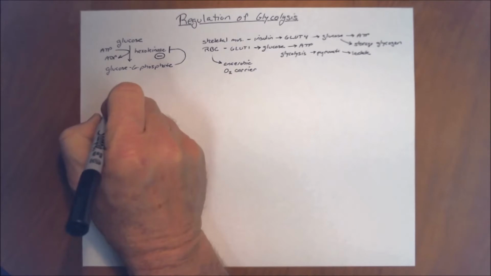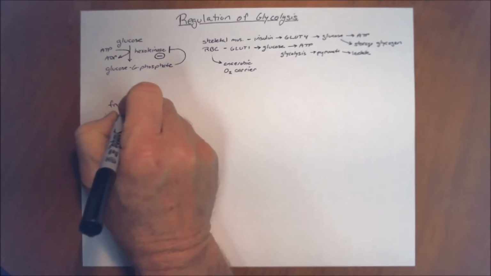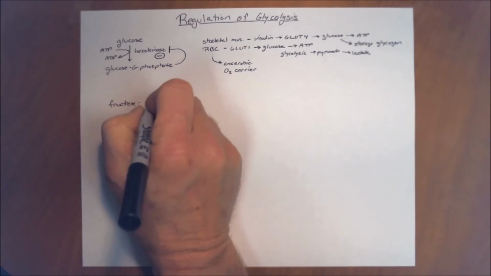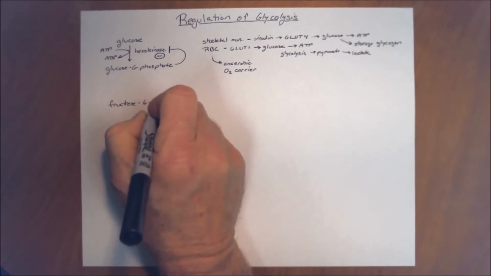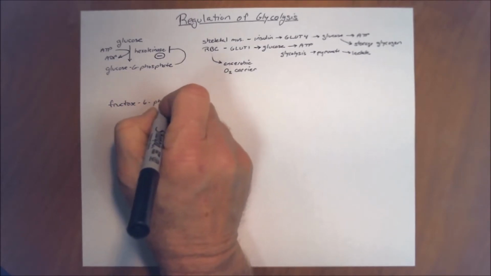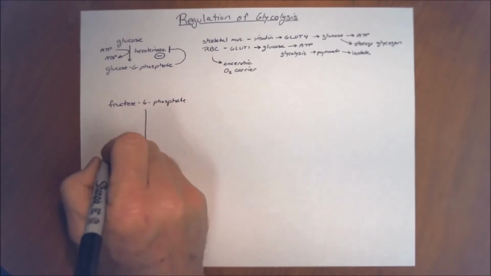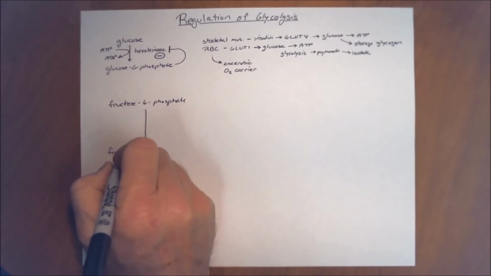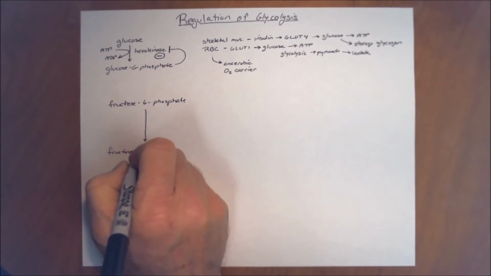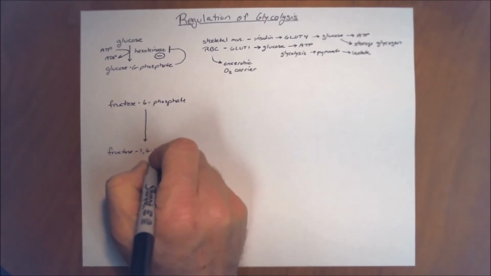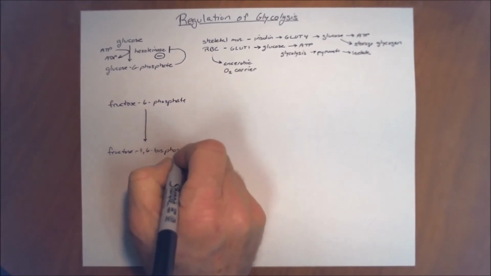The next level of regulation in glycolysis is the conversion of fructose 6-phosphate to fructose 1,6-bisphosphate.